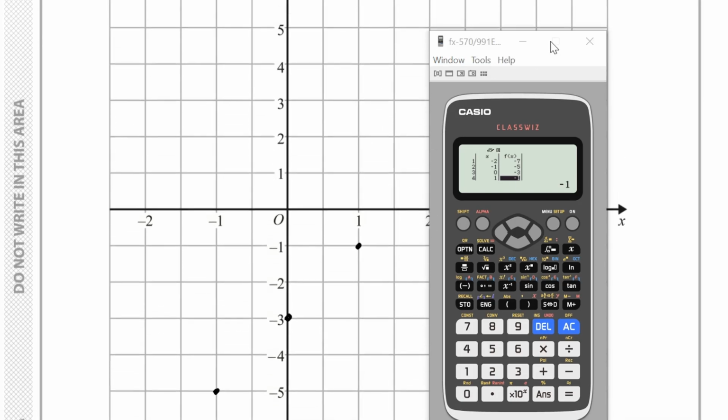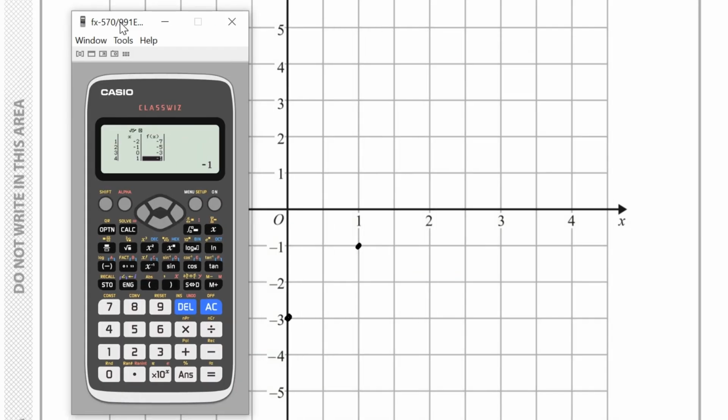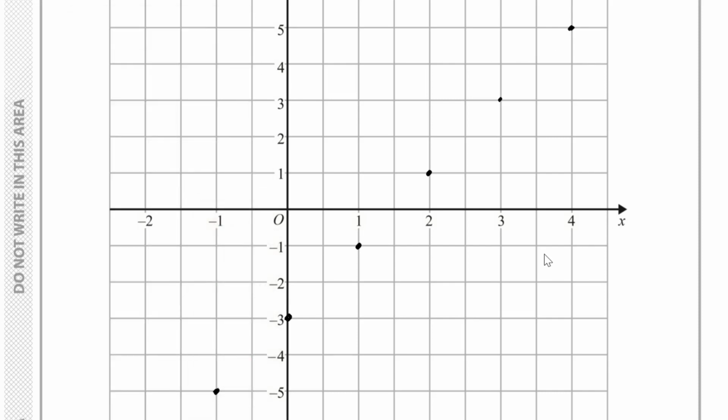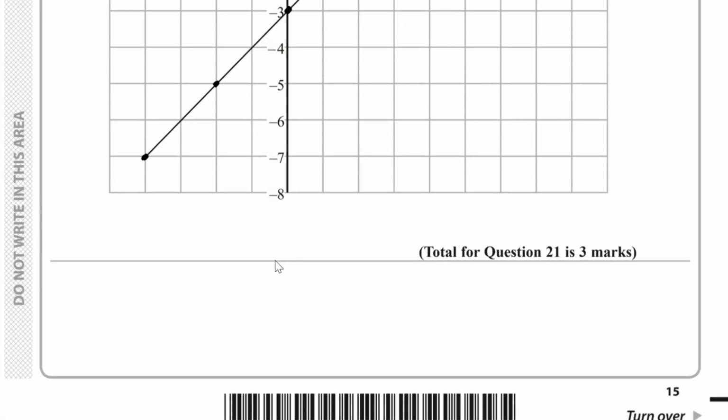When x is equal to 2, if I move this here, y is equal to 1. When x is equal to 3, y is equal to 3. And when x is equal to 4, y is equal to 5. And then we join these up with a straight line. So if we do that, we end up with something looking like this.